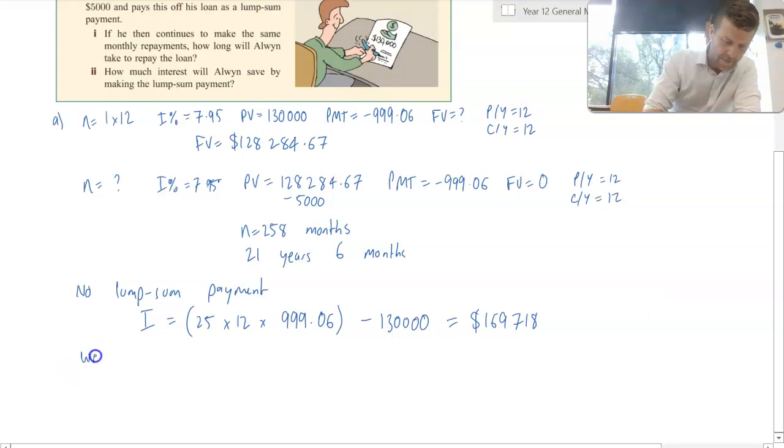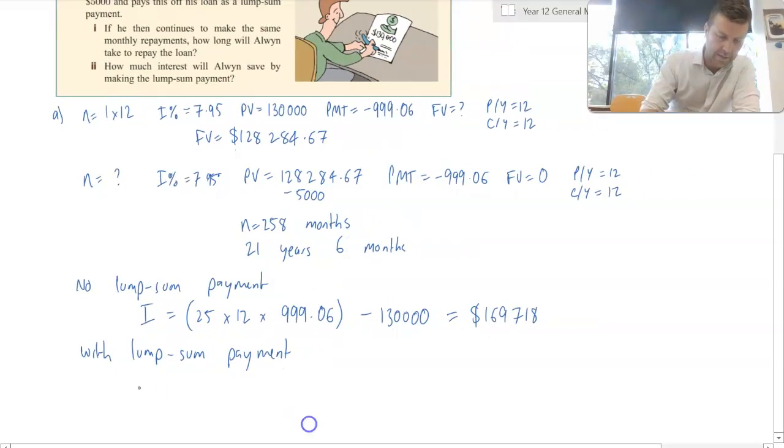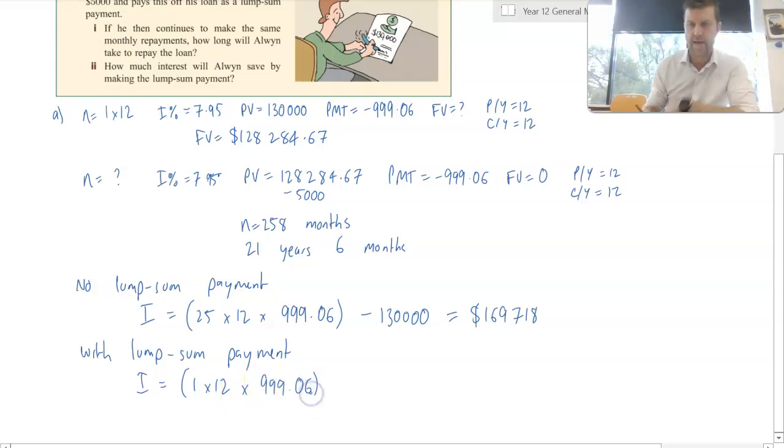But with the lump sum payment, I should say, he is not making that many repayments. So he does 1 year, so 1 times 12 at $999.06. Then he pays the $5,000.